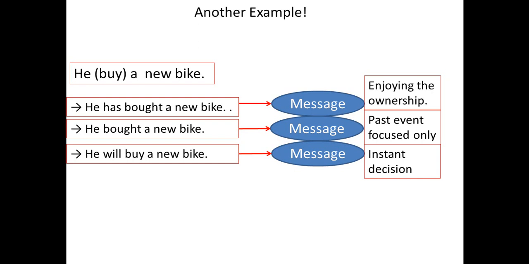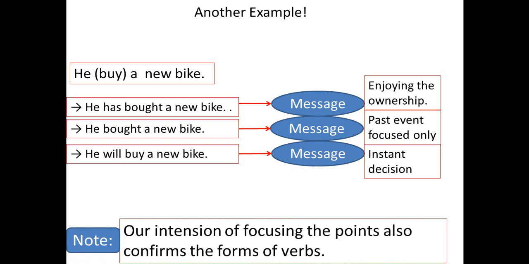Rather, when he was talking to somebody, eventually he discloses his intention to buy a bike and he says he will buy a new bike. So there is a note: our intention of focusing the points also confirms the forms of verbs.